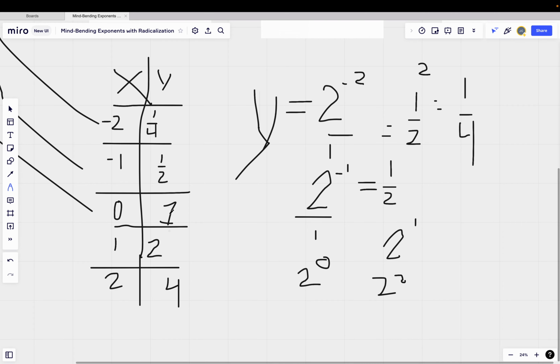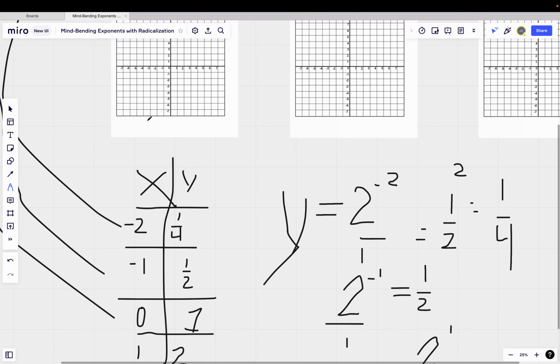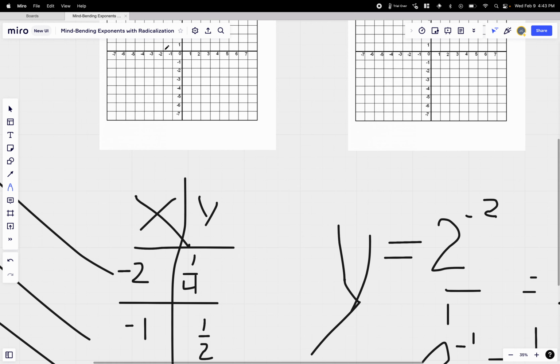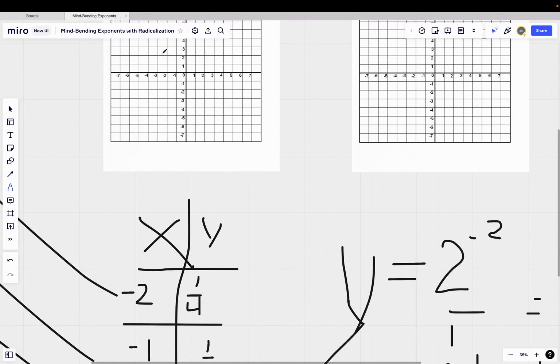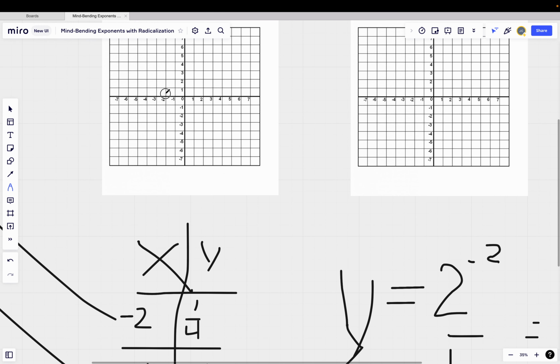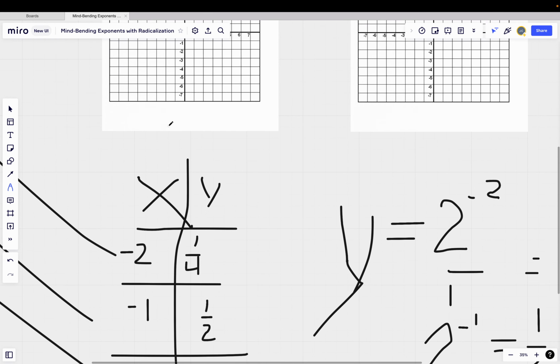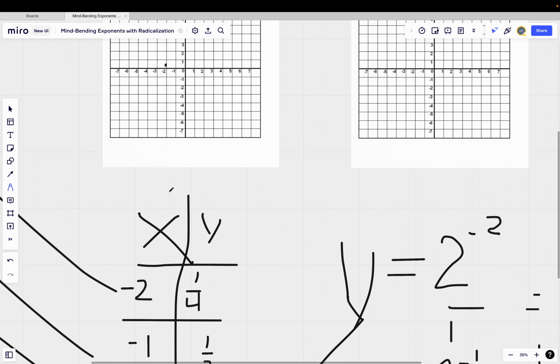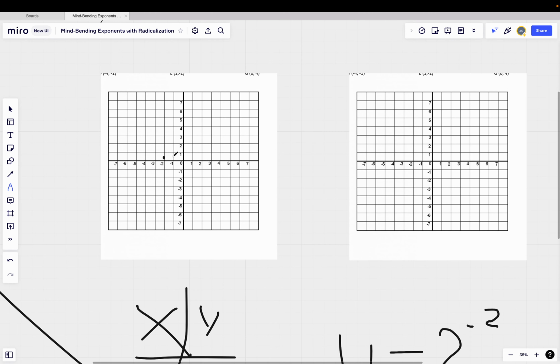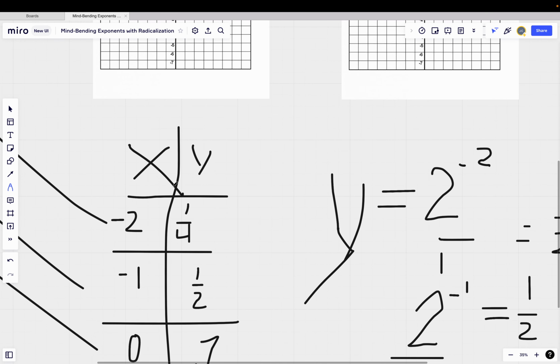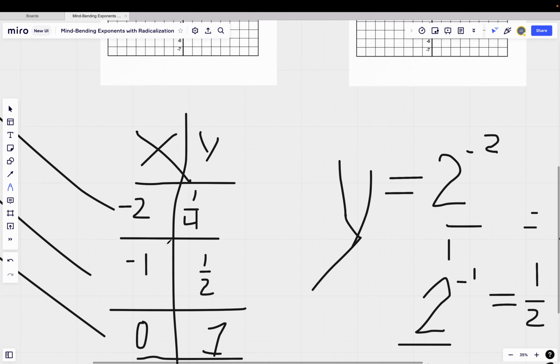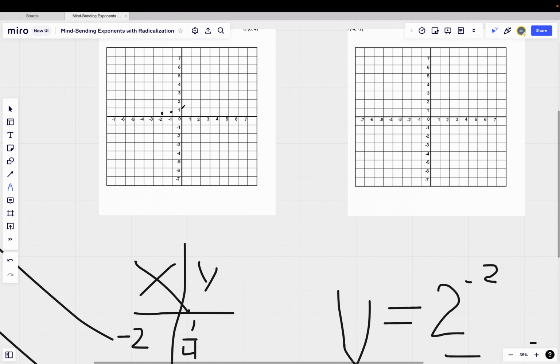And now we graph it on the coordinate plane. So when x equals -2, y equals 1/4. Put it here. When x equals -1, y equals 1/2. When x equals 0, y equals 1.